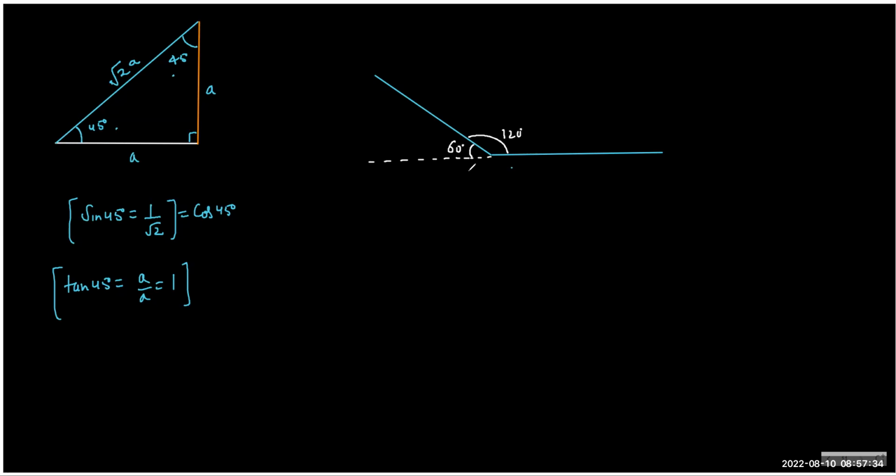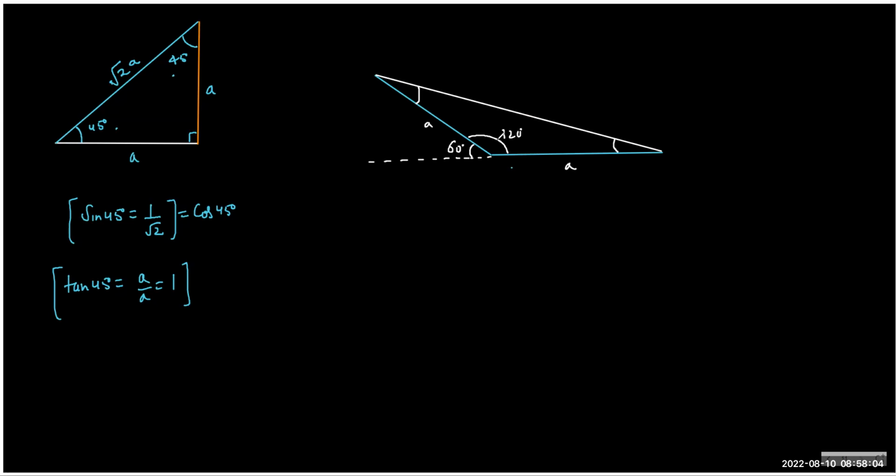Then how to convert this into a desirable triangle? Let's say I choose this as A, this as A. This angle must be the same as this angle, because in a triangle, the angles opposite to equal sides are also equal.